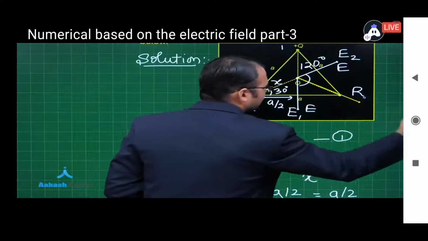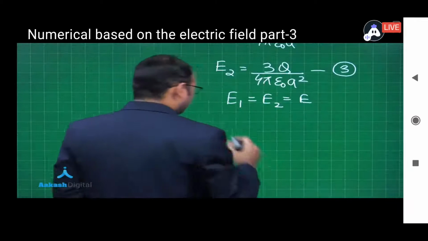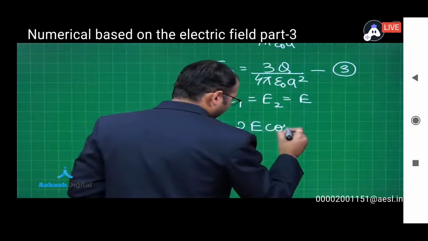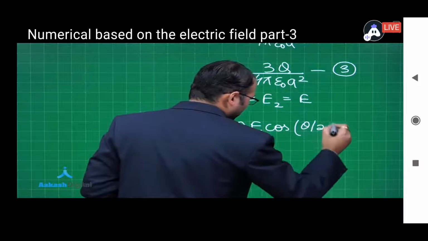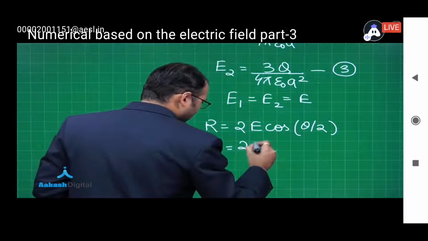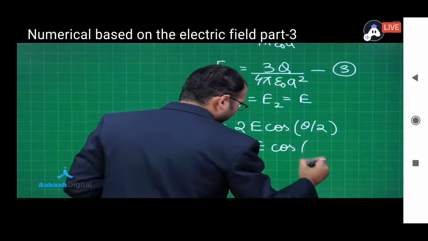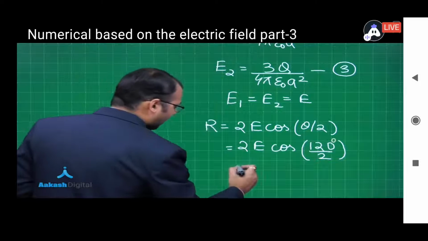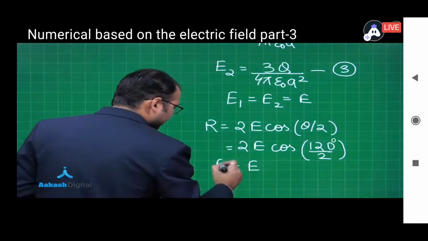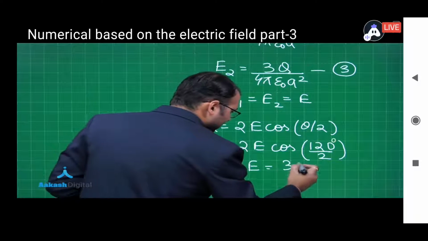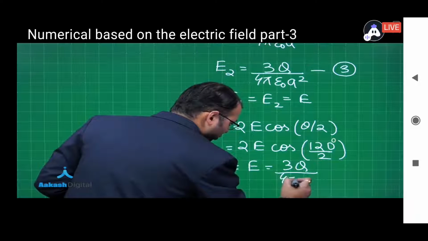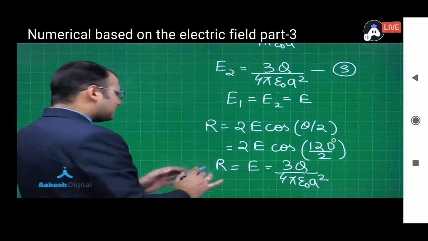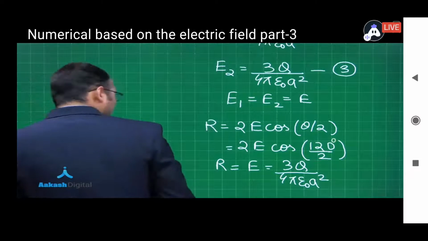The resultant R: the formula we have for R is 2E cos of theta by 2. So that is 2E cos of 120 by 2, that is cos 60, and cos 60 is half. Solving this, you will get E. That means the resultant will be 3Q upon 4 pi epsilon naught A square.